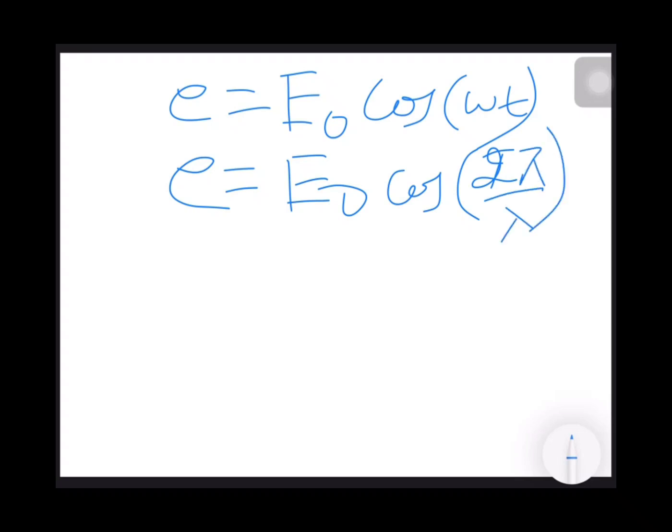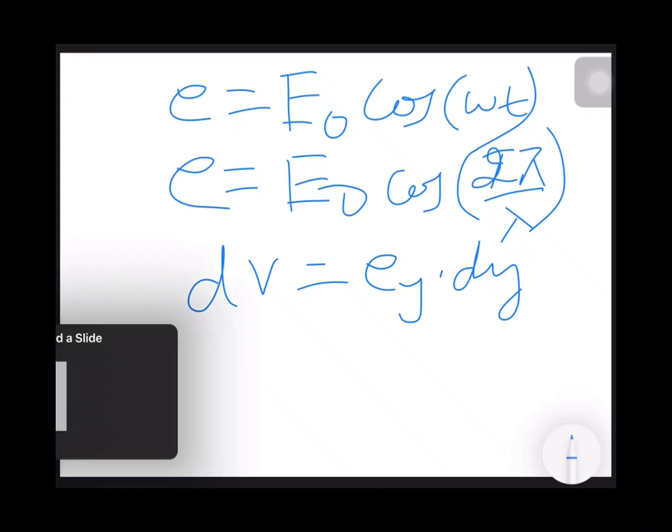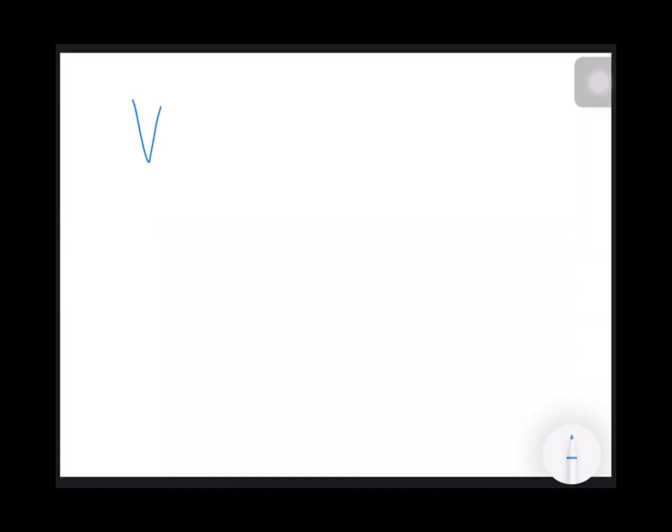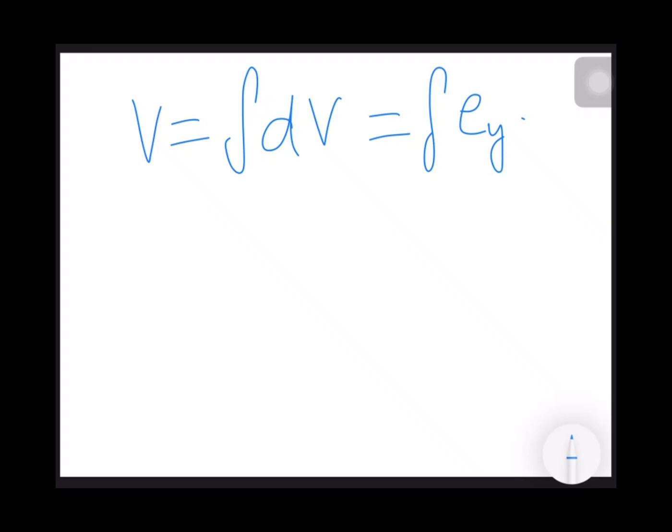When you assume the elemental length dy, the potential difference across this is given as dV is equal to Ey into dy, the elemental potential difference. Therefore the potential difference is V is equal to integral of dV, and as it is the elemental surface, it is integral Ey into dy.